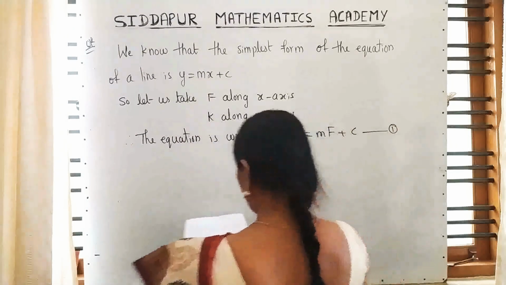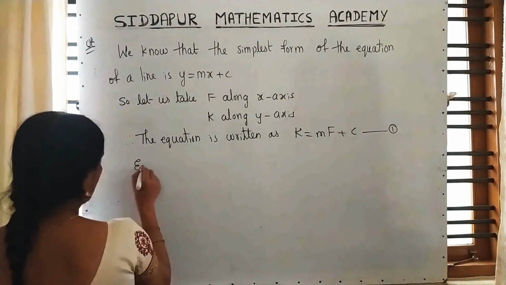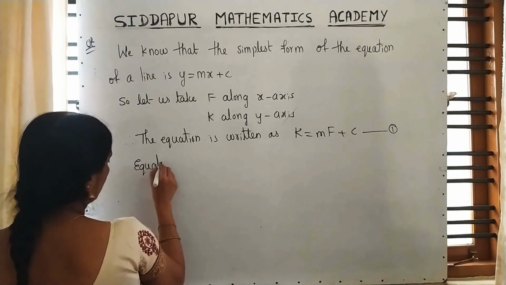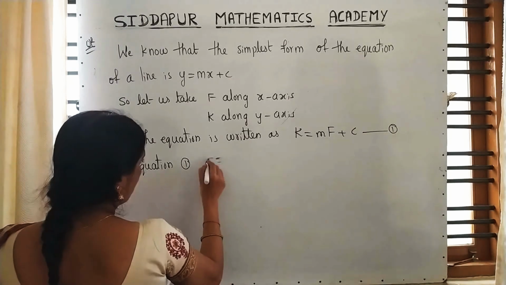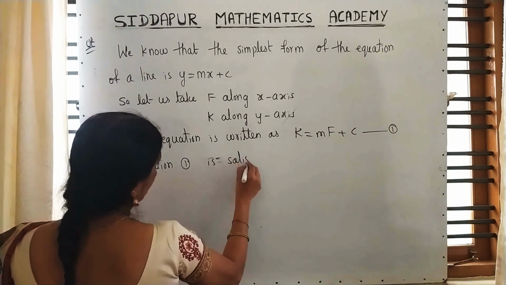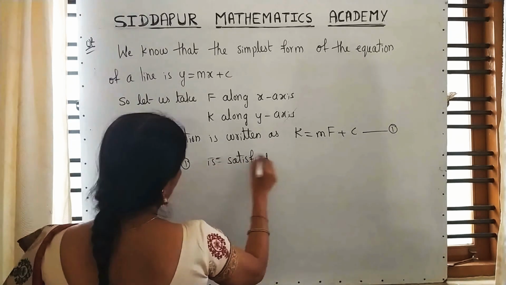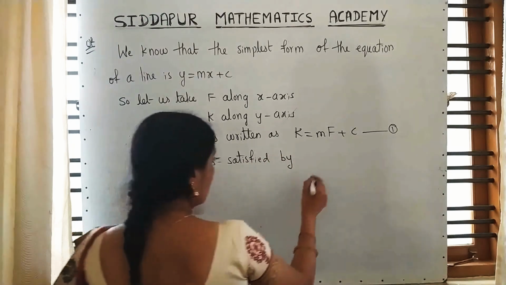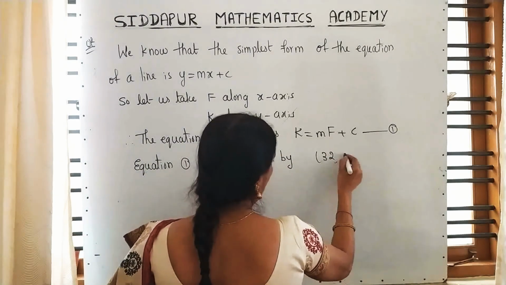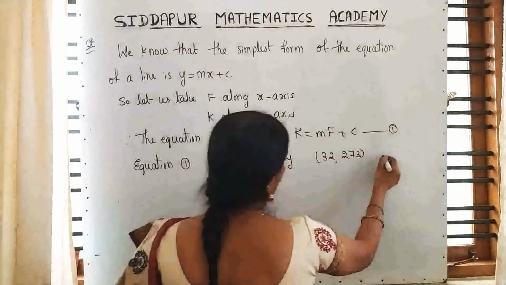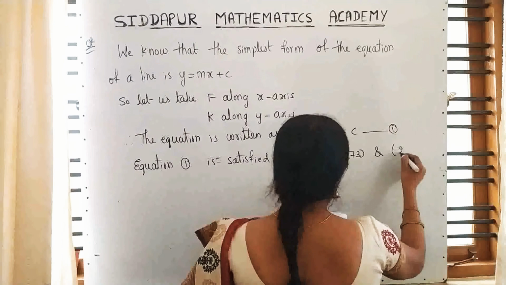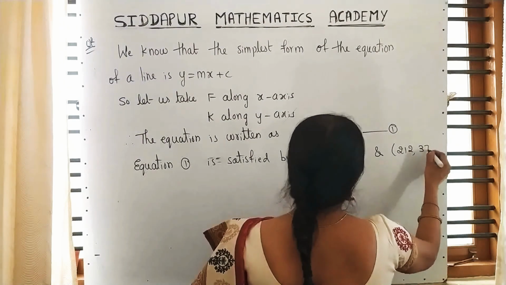Equation 1. Equation 1 is satisfied by the first point, 32, 273. That means we have to write down this value. And another one is 212, 373.